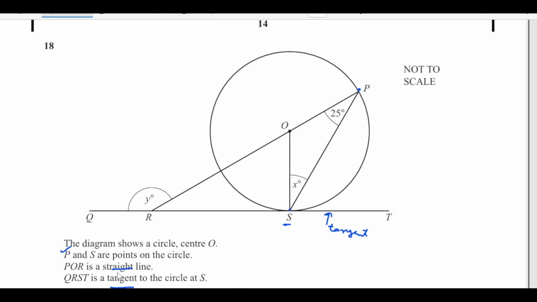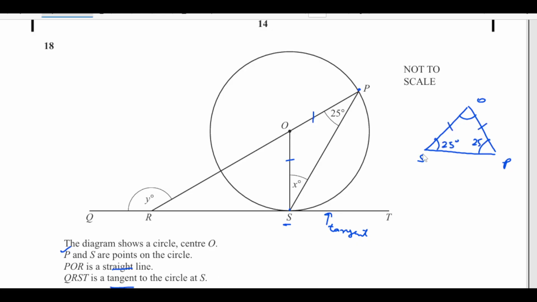Look at this circle, and this OP is a radius and this OS is a radius, meaning both of them are the same. So, if these two sides are the same, then it forms an isosceles triangle. This is our O here and there is S and P. This angle is 25 and these two sides are equal, meaning that this angle is also going to be 25.